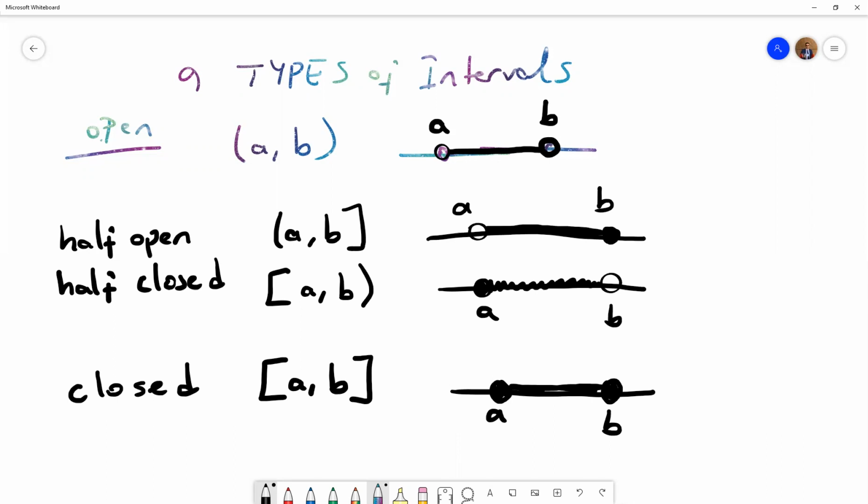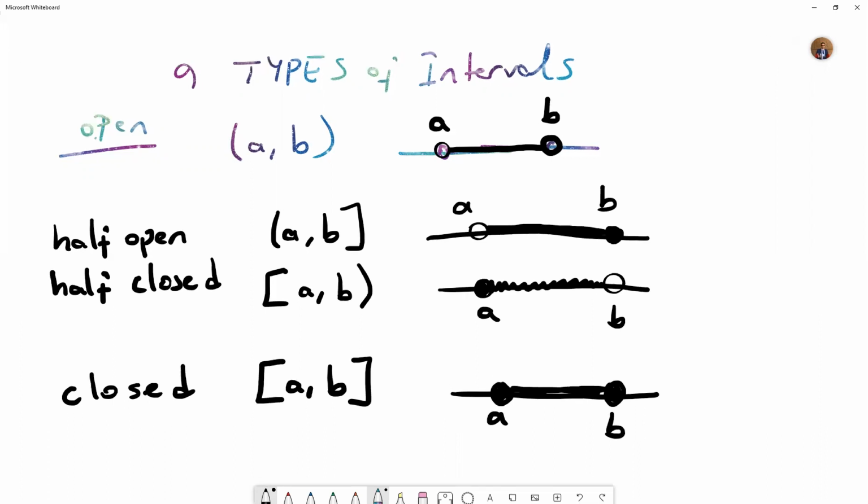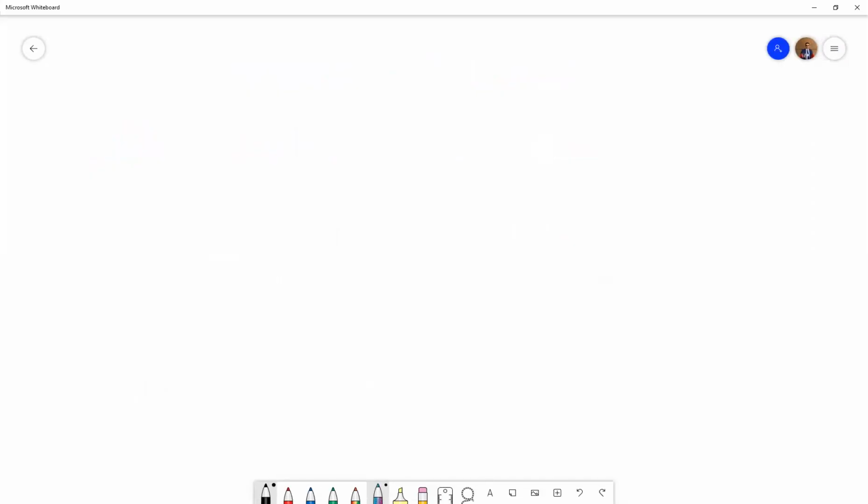And the other ones, by the way, we can write, I also use it, but say it again, unbounded. What's unbounded?